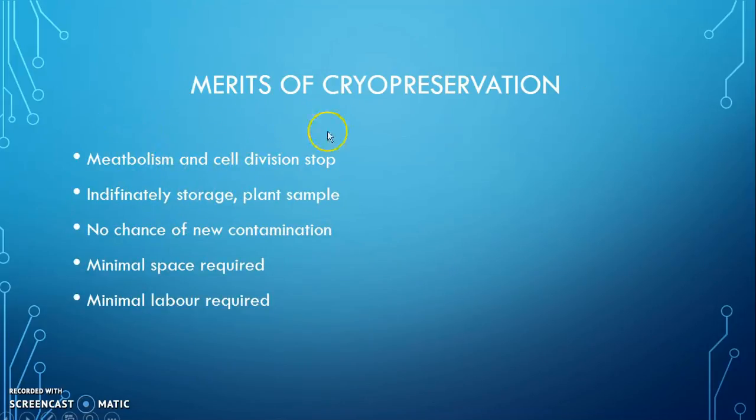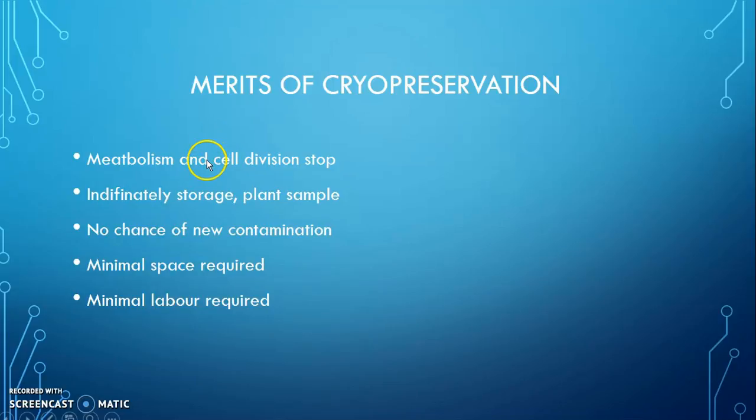Merits or advantages of cryopreservation. When a sample or plant material is stored at a very low temperature, the metabolism and cell division of the cells stop. If the metabolism and cell division stop, it means the plant cannot age easily, because in order for a plant cell to age, there are certain chemicals or enzymatic procedures that lead it to age.